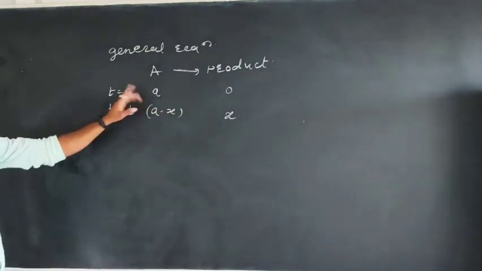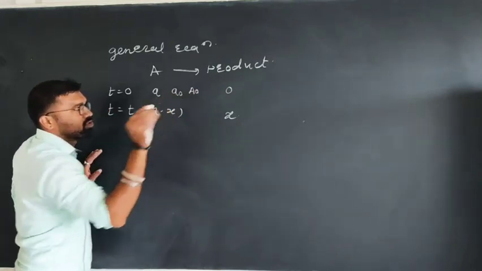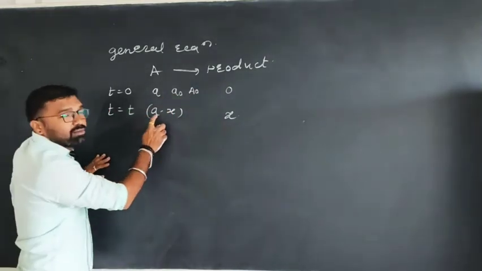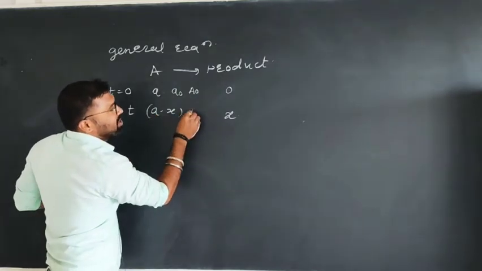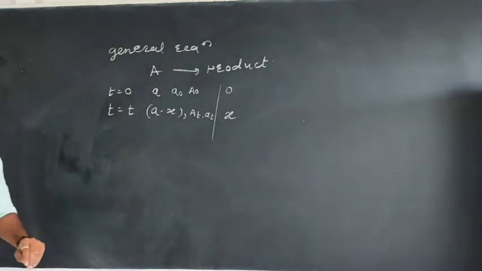In some books they write A0, no problem. In some books for A minus x, they write At, no problem.